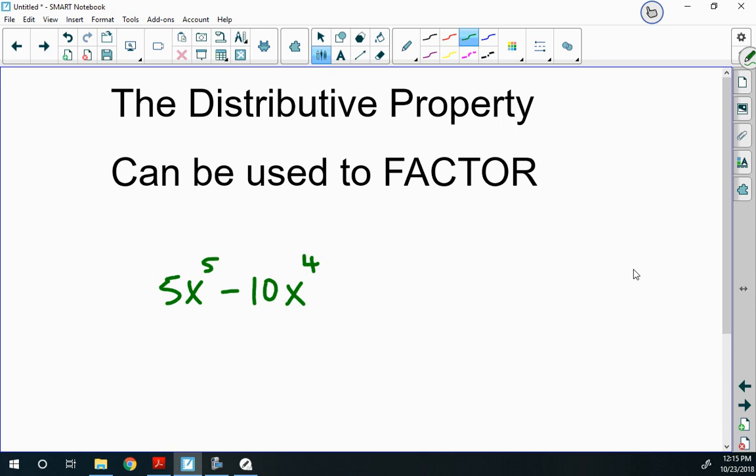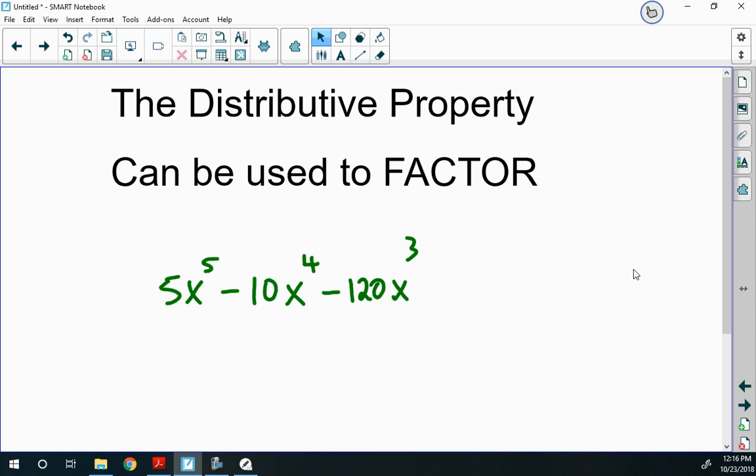Maybe 120 x squared. I think that's going to do it. Sorry. I used to be really good at coming up with these examples. Oh, dang it. I'm sorry. That x squared is supposed to be x cubed. My bad. That's a neck. I'll neck myself on record. Okay, so the distributive property can be used to factor that.